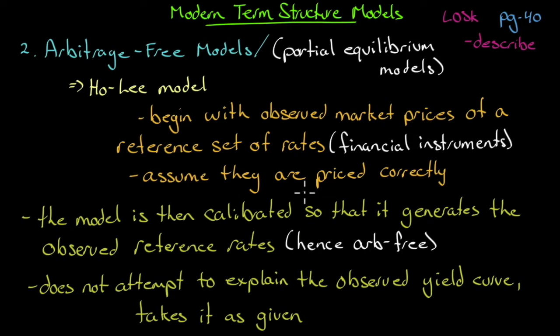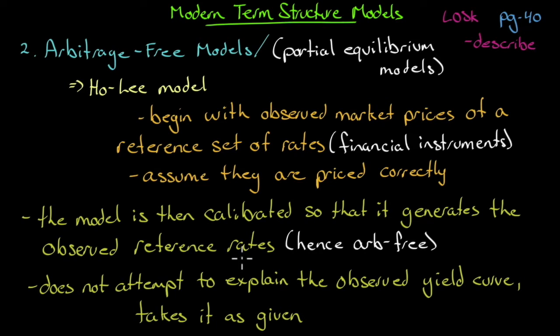And you make the assumption that they are priced correctly. Remember, the last model's problem was that it made the assumption that if the real world doesn't look like our model, the real world is priced incorrectly. Well, here in the Ho-Lee model, it says, let's start with the assumption that the market is priced right. And rather than deriving the curve, let's just take the real prices in the market as given and use those. So the model is then calibrated so that it generates the observed reference rates.